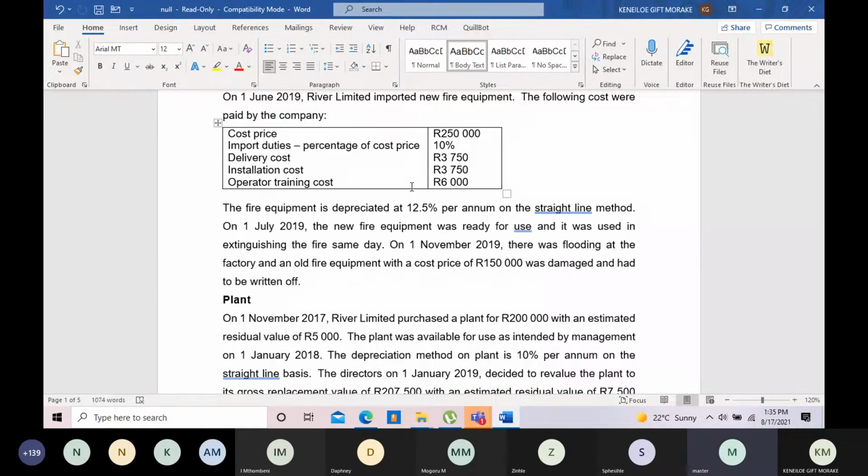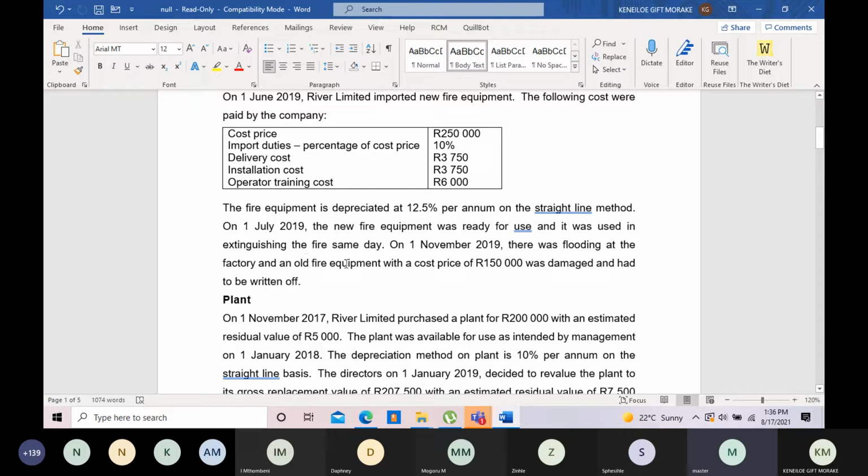So what is going to happen is this. The first thing that we need to know now is when this asset, 151, was purchased. The date is not here. You're supposed to be telling us when this asset was purchased, because this one is an old equipment.